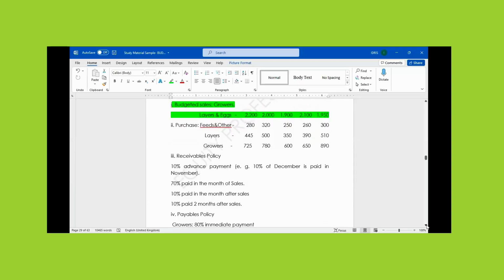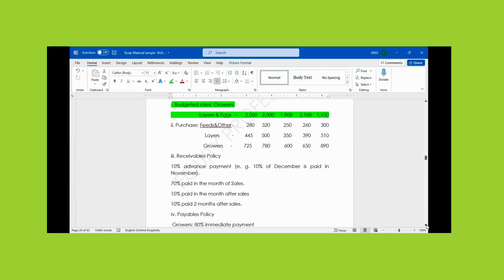The sales of December, 10% of it will be received in which month? In November. That is the first thing. Another thing, 70% will be received in which month?